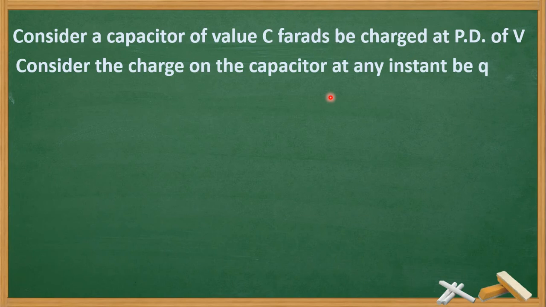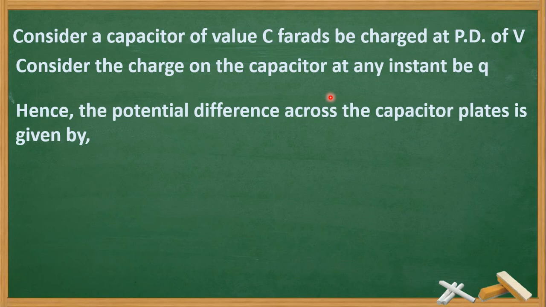Suppose the capacitor is charging and at a particular instant the value of the charge accumulated on the capacitor is a small q. Hence the potential difference across the capacitor plates is given by, see what the potential difference will be, V is equal to q upon C. See, here the potential difference across the capacitor, note this point, the potential difference across the capacitor and not the total potential difference supplied by the battery.